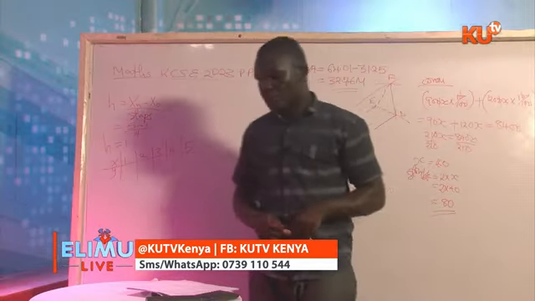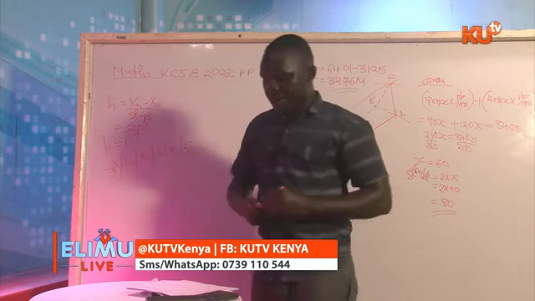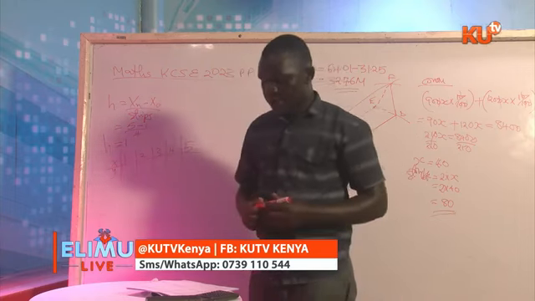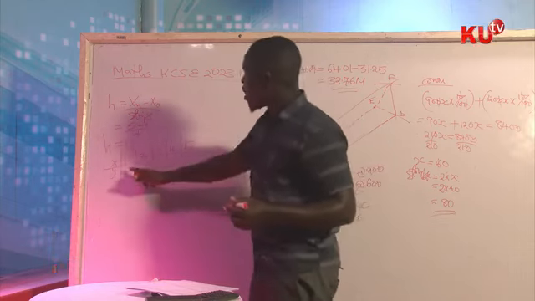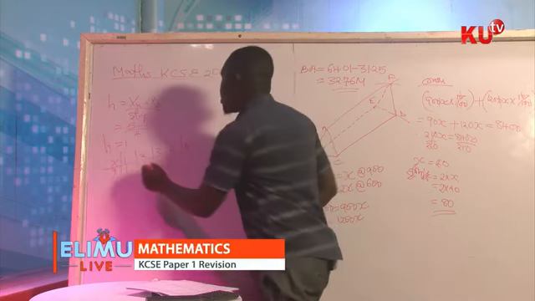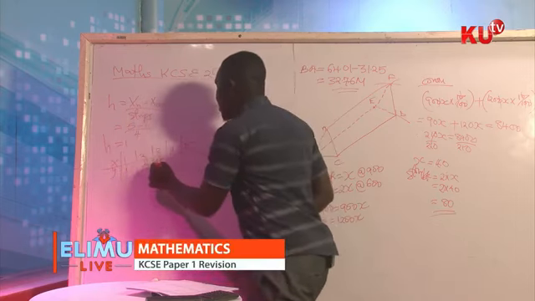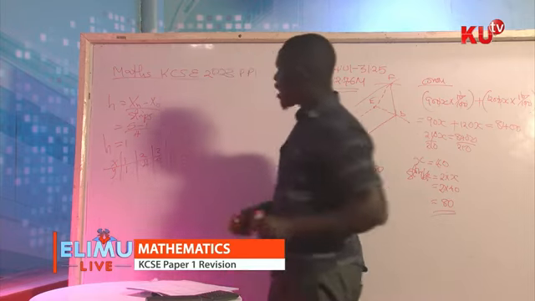Now for each x value, we need to compute the y value. Just replace in the equation y equals x squared. So when x is 1, y will be 1 squared, which is 1. 2 squared is 4. 3 squared is 9. 4 squared is 16. 5 squared is 25.